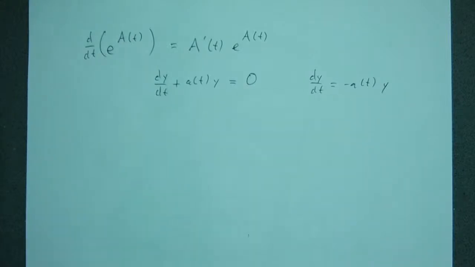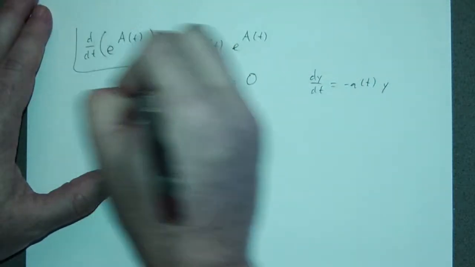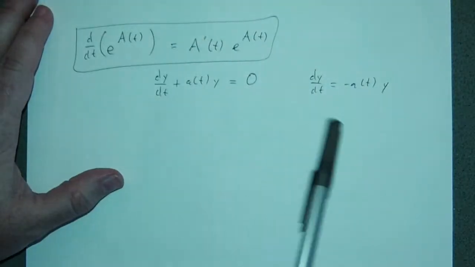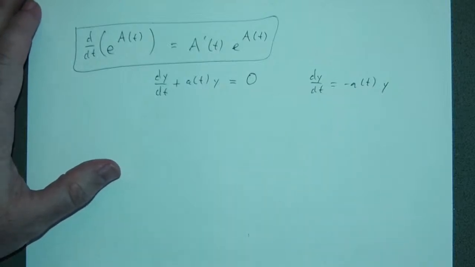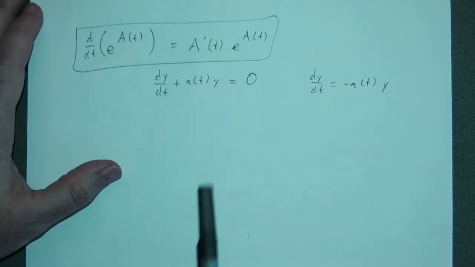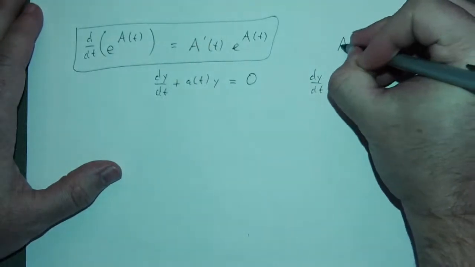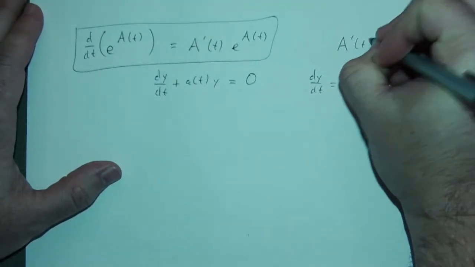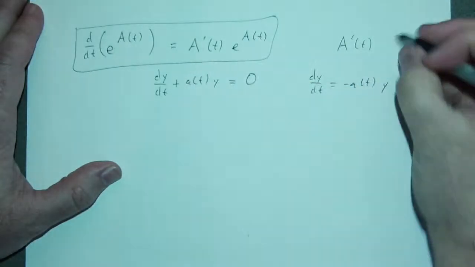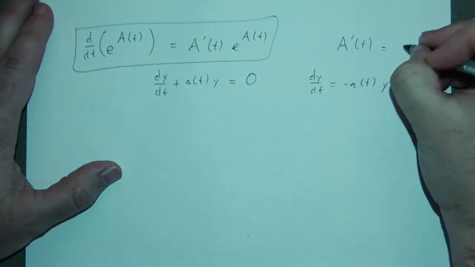In this case, I can abuse the chain rule and let little a be related to big A by saying I want big A of t to be a function such that big A prime of t is like minus little a.